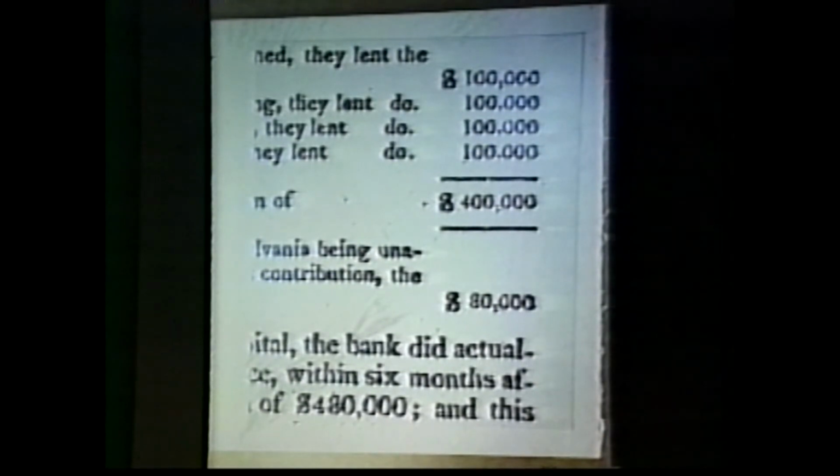The little pamphlet was printed for the renewal of the Bank of North America's charter by the state of Pennsylvania, and it was undated. But it said that, please, the Bank of North America is a wonderful organization and should therefore have its charter renewed.